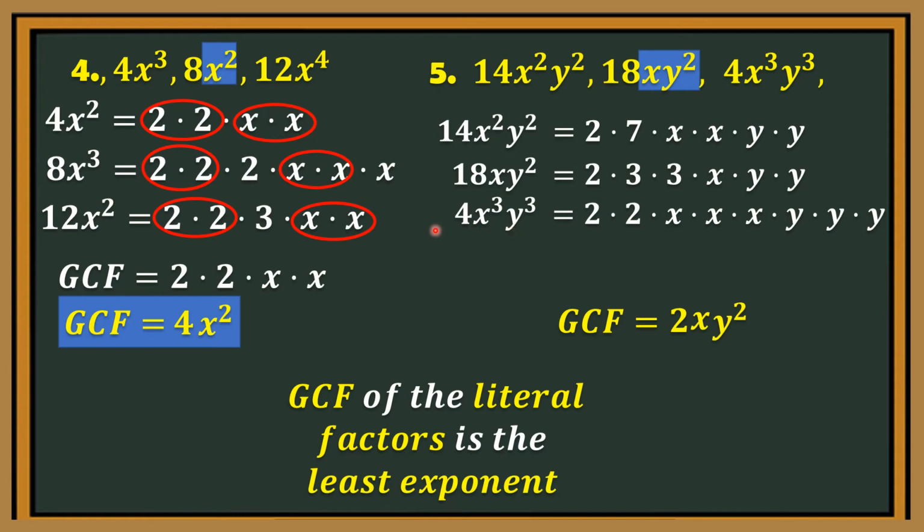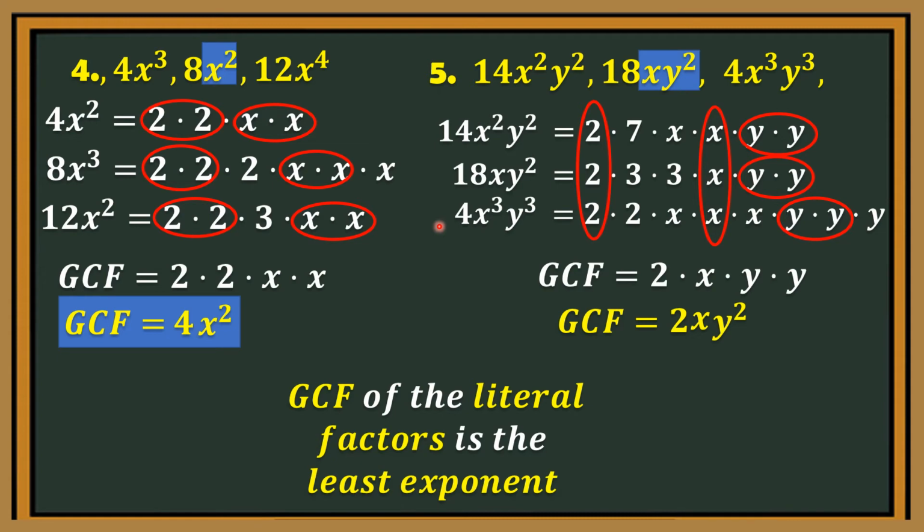So, what are the common factors? 2. Another x and y. So, the greatest common factor is 2 times x times y times y.